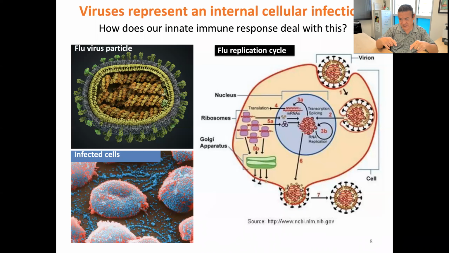But viruses are different. Viruses function by getting into your cells and releasing their genetic material, therefore hijacking the cells of your body and forcing them to make more viral particles.